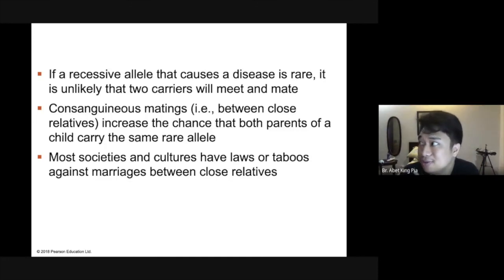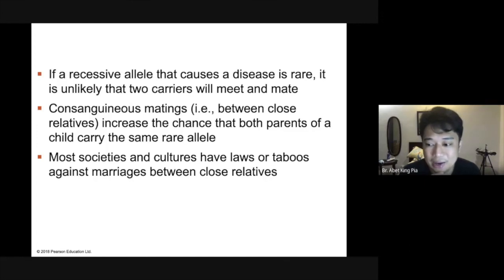We do not agree with this type of meeting, or our society does not allow, but hindi siya tanggap kasi pinalaki tayo na hindi siya magandang tignan, or hindi siya tanggap in a way. Hindi siya tanggap for our society.